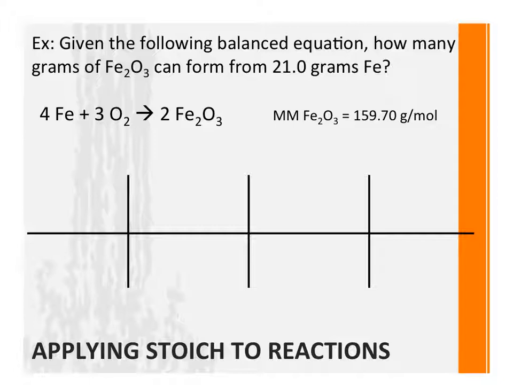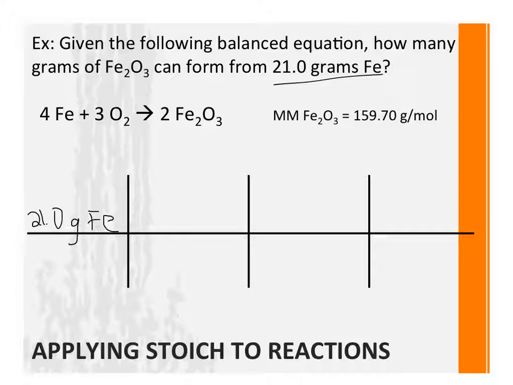The next problem we're going to do will involve converting from grams of one substance to grams of another substance. So I've gone ahead and given you the molar mass of iron 3 oxide, which is 159.70 grams per mole. So if we start off with the information that we're given, 21.0 grams of Fe.